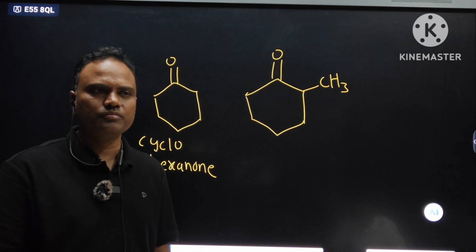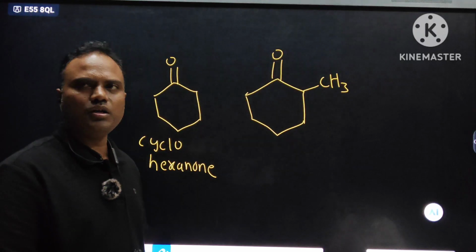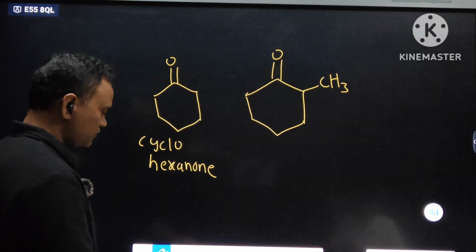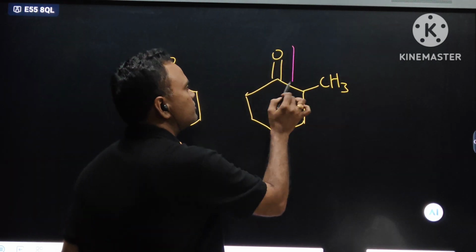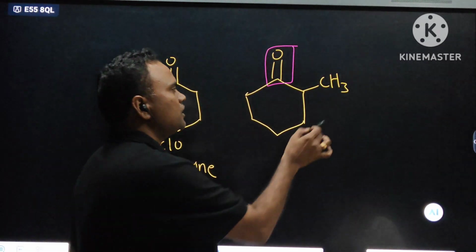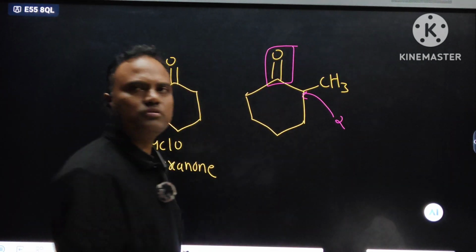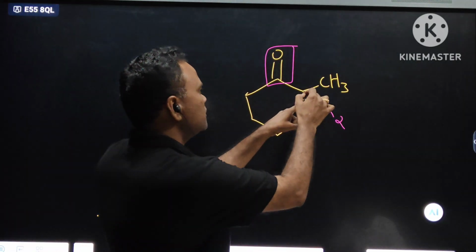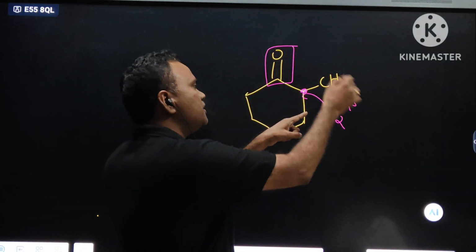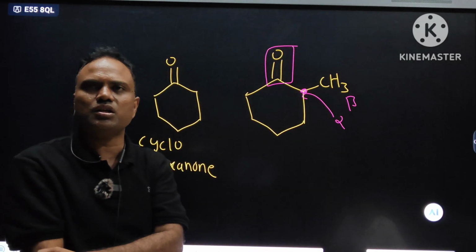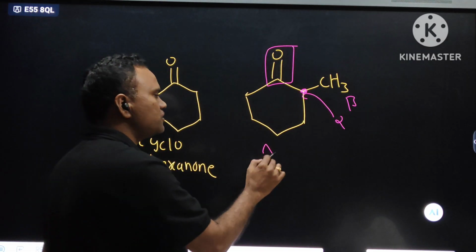In this, is an alpha methyl group present or not? Functional group. This is the alpha position. See, this carbon is alpha. Next is beta. At beta an alpha methyl group is present, not at alpha. There is no alpha methyl.